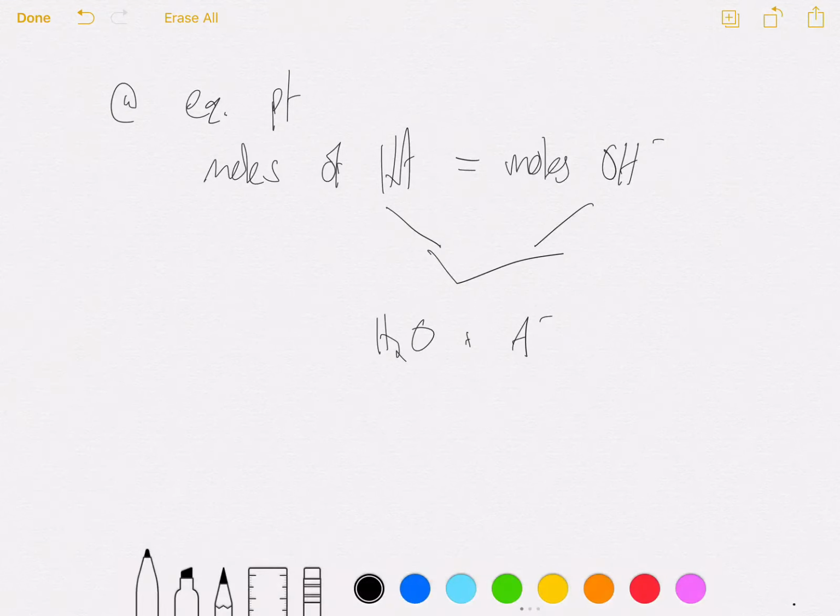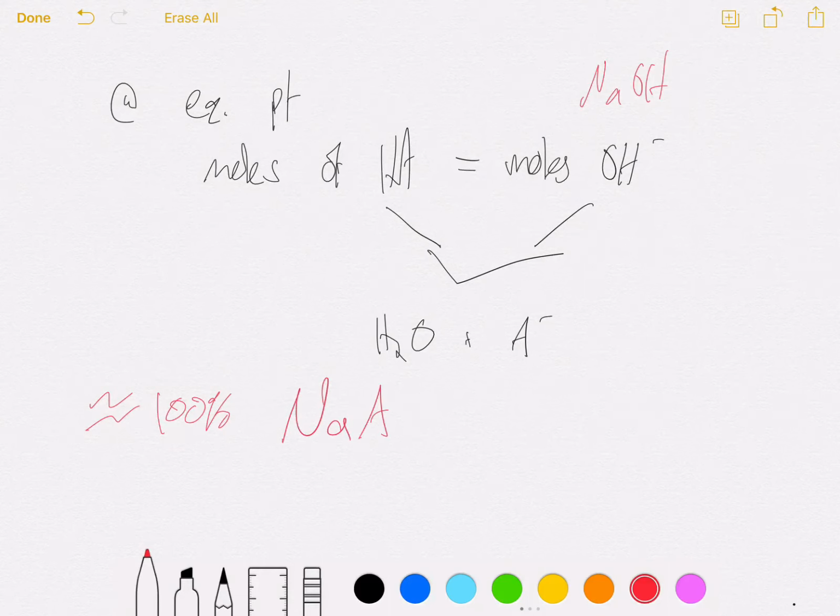So if you were titrating with sodium hydroxide, what you have at the equivalence point, before you calculate equilibrium, is pretty much 100% sodium A, right? The sodium salt of your conjugate base.